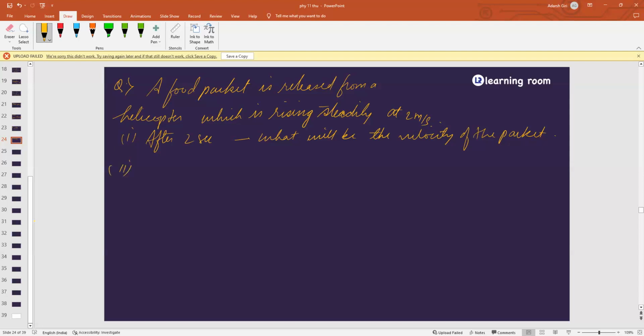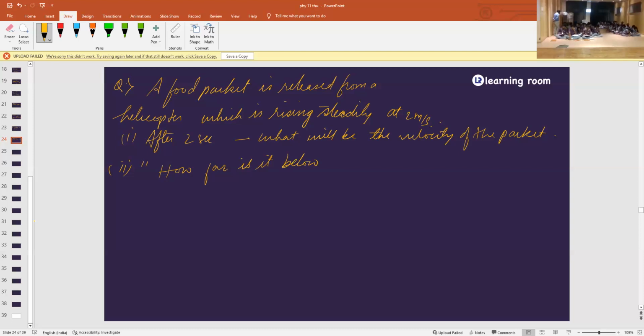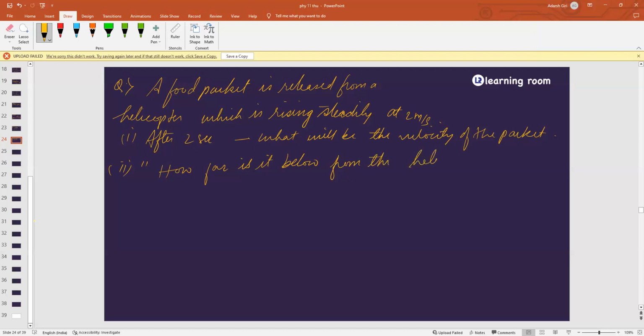The second part says, how far is it below after 2 seconds only? How far is it below the helicopter? Sir, can you explain the question from the first? Yeah, just let me write, then I'll explain it again.